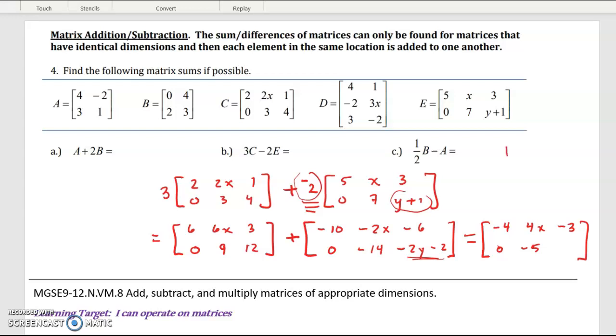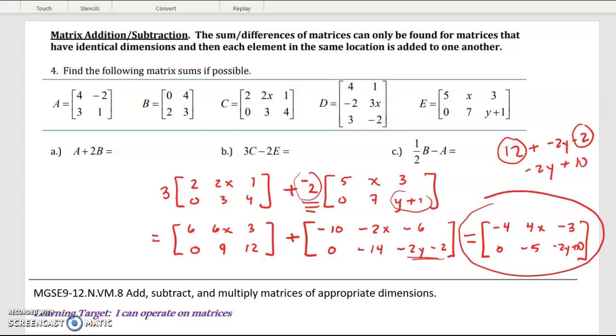Let's do that off to the side. 12 plus -2y minus 2 is -2y. Combine your like terms. That gives me 10. So this last entry is -2y plus 10. Final answer. All right. Boom. Okay, so I'll leave you guys to try C, and you can ask about C.